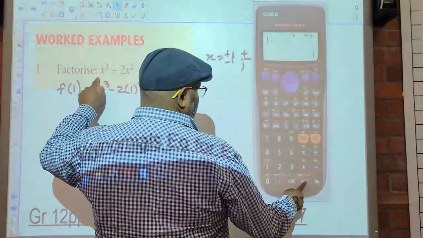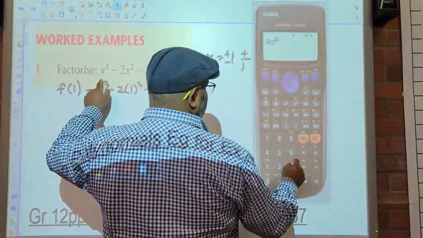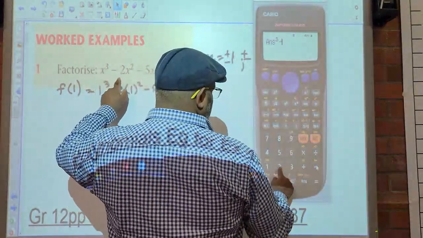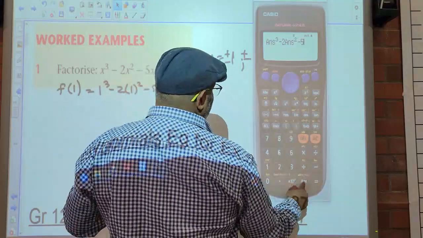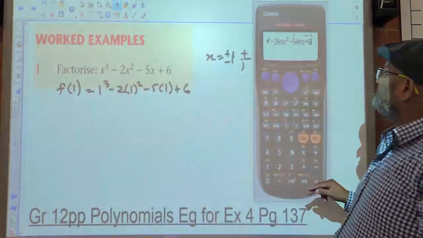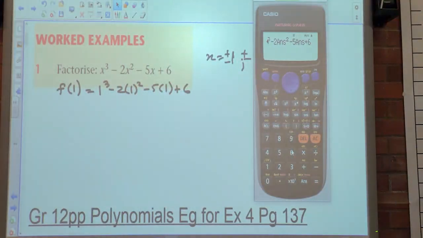Answer cubed minus 2 times answer squared minus 5 times answer plus 6. If that gives me 0, then what does that mean? That x minus 1 is a factor. So it works.